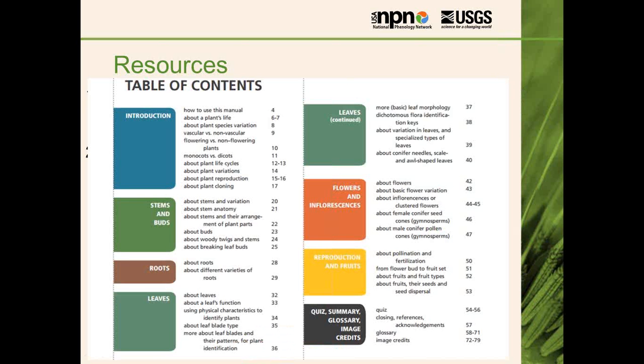And then there's also a quiz in there, and references and lots of other resources. Sarah's going to type in where you can download that. It's freely available for download, and we're also looking into options to have a printed version of this as well for purchase. But right now you can download it and print it out, and it's available on the link that Sarah sent out.